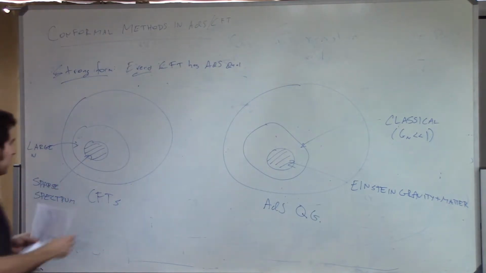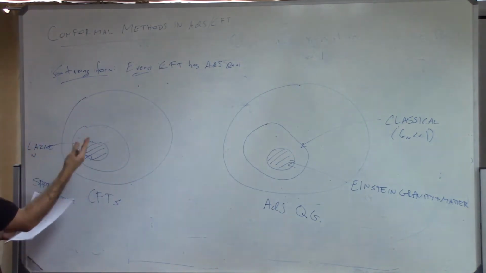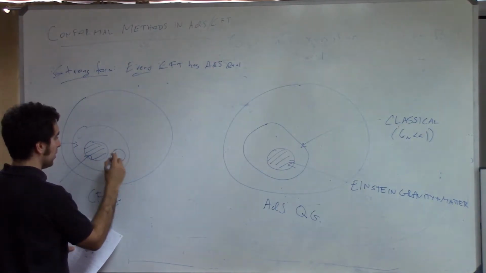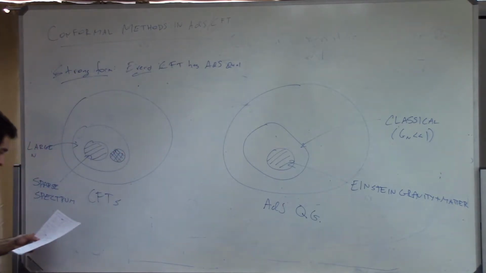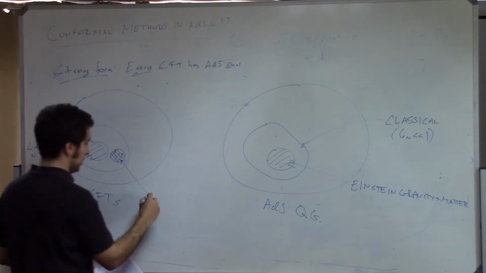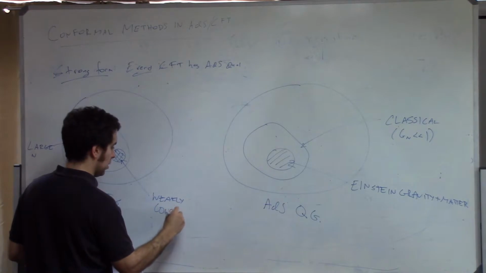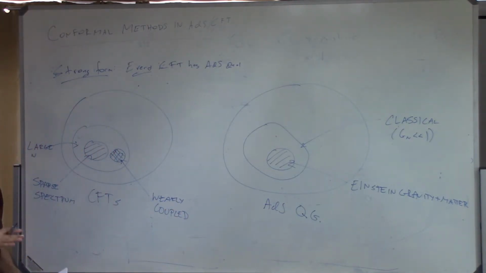You can also imagine another region of this space which is not as nice in the bulk, so maybe it just has large N, but instead of being a sparse theory, let's get this checkerboard. We could have some theory that, say, is weakly coupled, which generically means that the spectrum of light operators is not sparse, it's actually highly populated, because operators don't acquire large anomalous dimensions and decouple and become heavy.